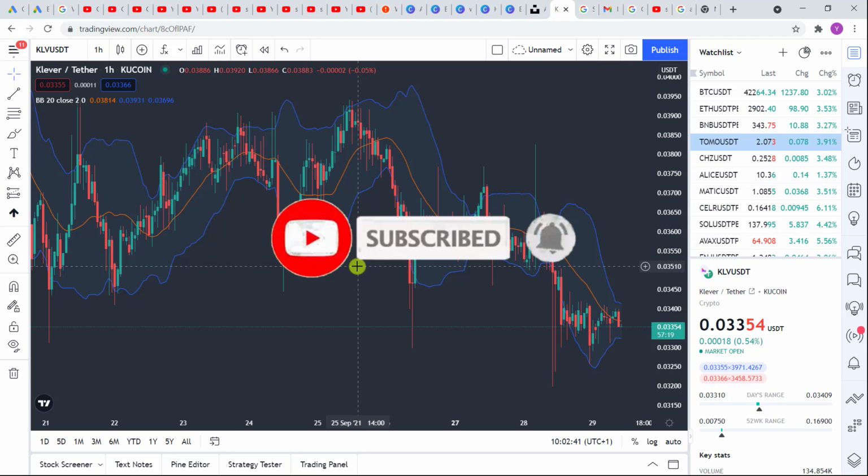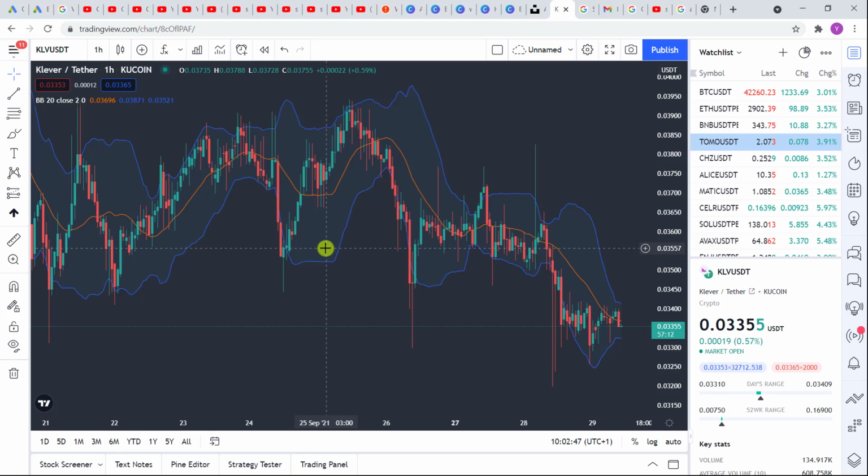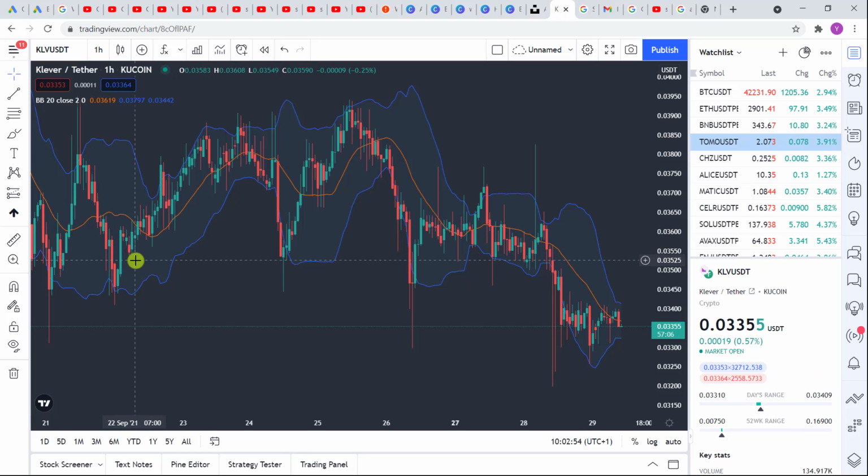What we need to do now is, let's first explain some things I've talked about earlier, like the trend in the market. So we can look at the channel formed by the Bollinger Band now, and you can actually pick out when the market is in an uptrend or downtrend.